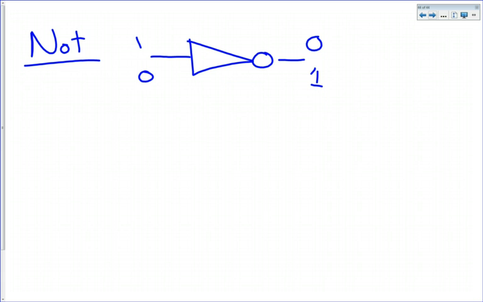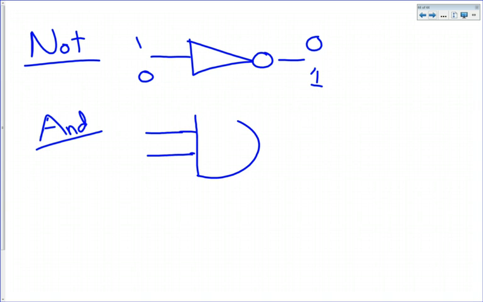With an AND gate, we're going to have 2 inputs, right? 1, 0, 0, 1, 0, 0, 1, 1. The way the AND gate looks is kind of like a half circle or a plug. Some people call it a plug. That is the AND gate, okay?